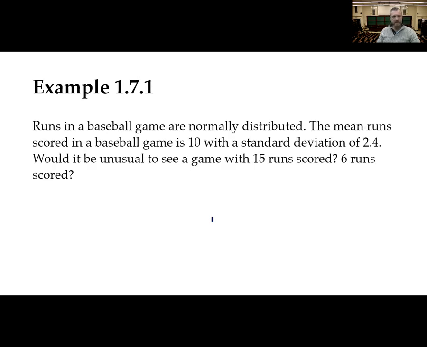So let's see how this works with this example. You've got runs in a baseball game. The mean runs scored in a game is 10 with a standard deviation of 2.4. Would it be unusual to see a game with 15 runs scored? How about 6 runs scored? Well, let's start with what would be unusually high.